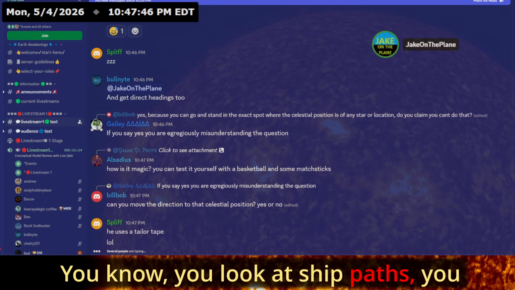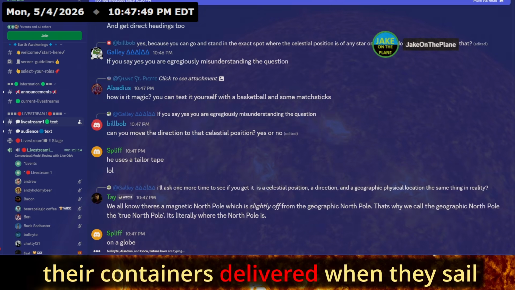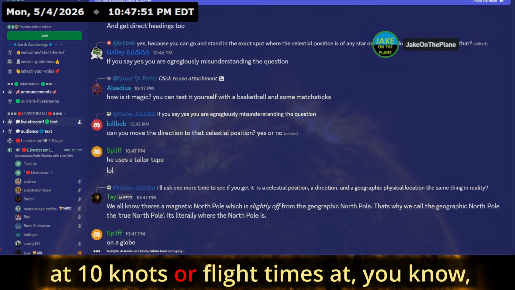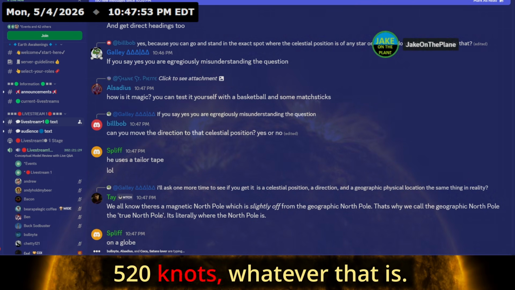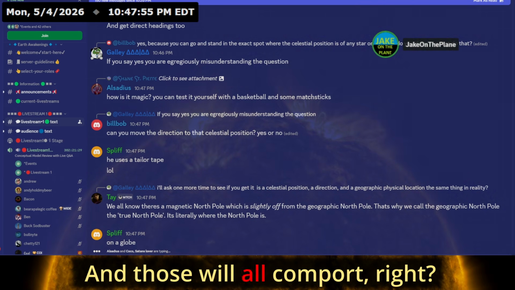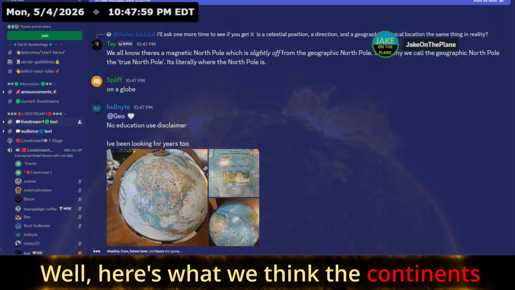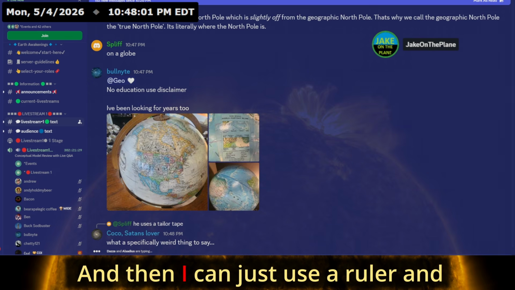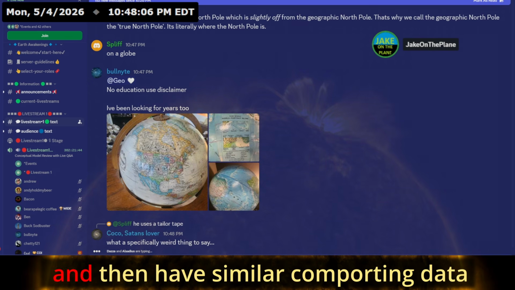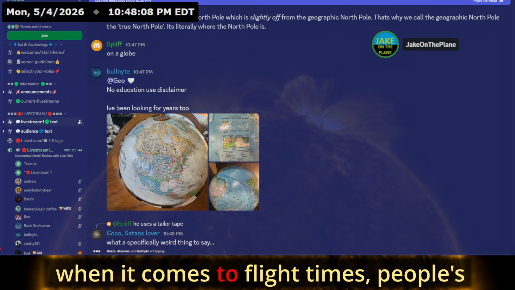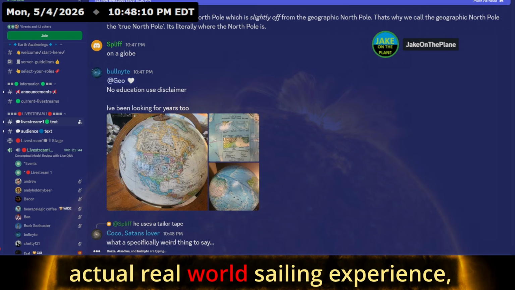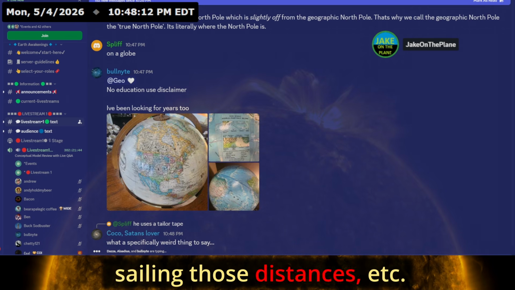You look at ship paths, so how long container ships take to get delivered when they sail at 10 knots, or flight times at 520 knots, and those will all comport, right? There's no flat Earth equivalent to that. Where here's what we think the continents are like on the flat Earth, and then I can just use a ruler and measure those distances, apply a scale, and then have similar comporting data when it comes to flight times, people's actual real world sailing experience, sailing those distances, etc.